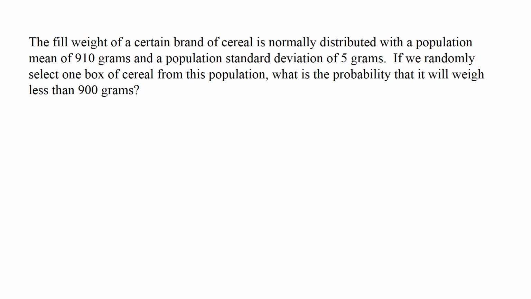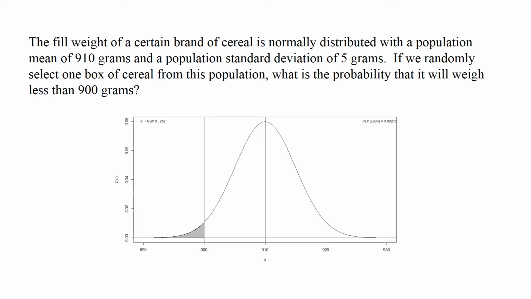You're just trying to conceptualize what the distribution and the area look like. Here's the situation. The standard deviation is 5, so 900 is 2 standard deviations below the mean, and the shaded area is the area we're looking for. The area less than 900 is the probability of getting a box that weighs less than 900 grams.